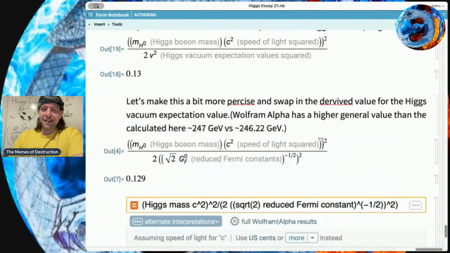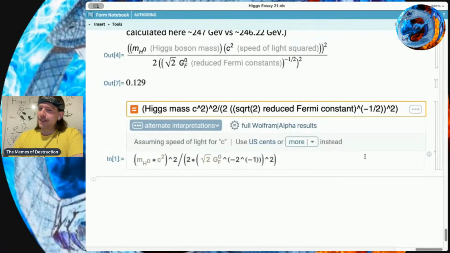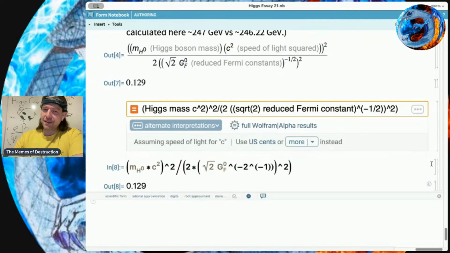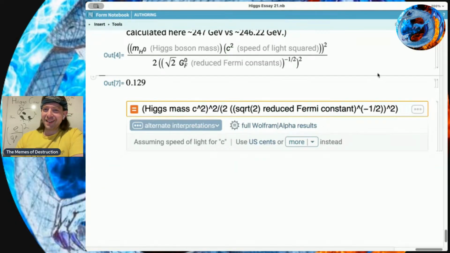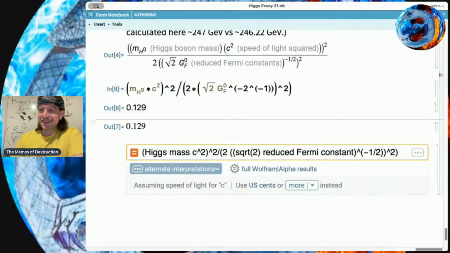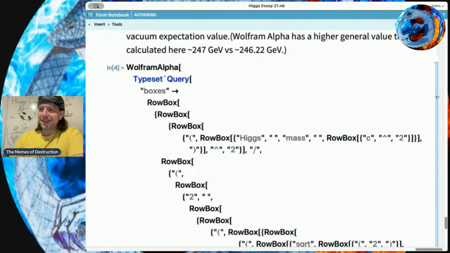Can we do the little roll up thingy? All this. Roll that.